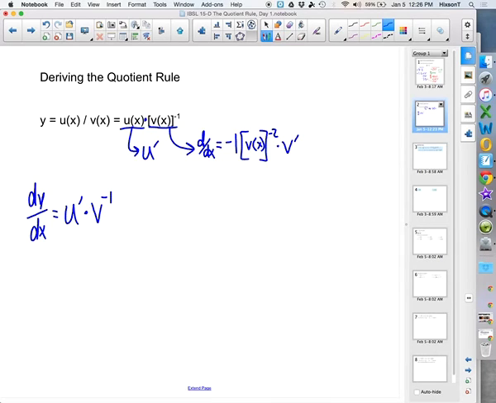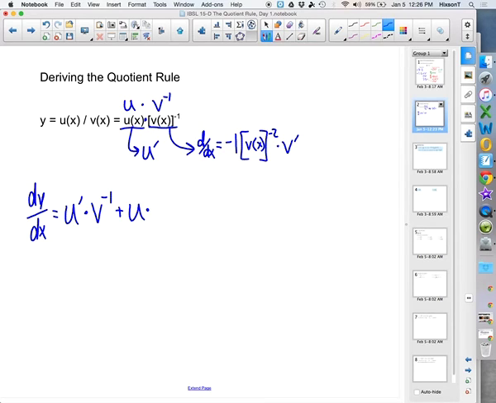So we have u prime times v to the negative 1, plus u, the original function, times the derivative of this second factor.